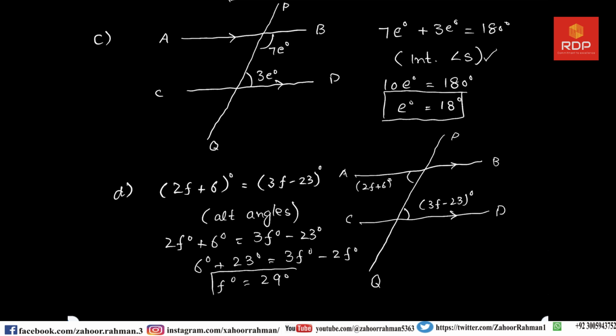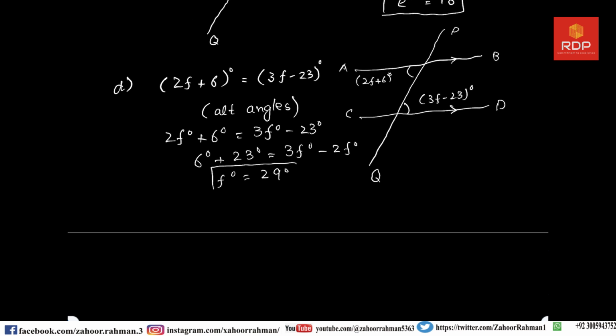So e is found to be 18. Yes, the only unknown variable was e, so we found that.